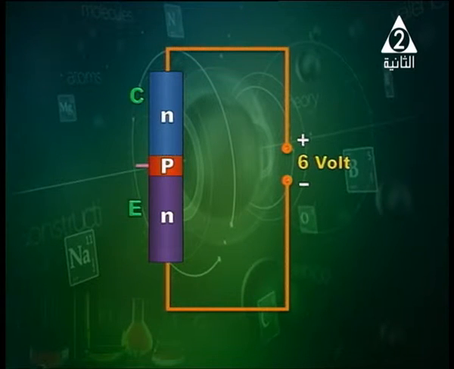So no current passes through the transistor in this case. Why? Because the base-collector junction is reverse biased.